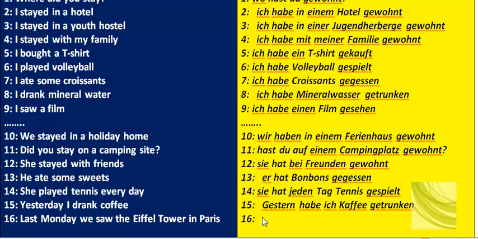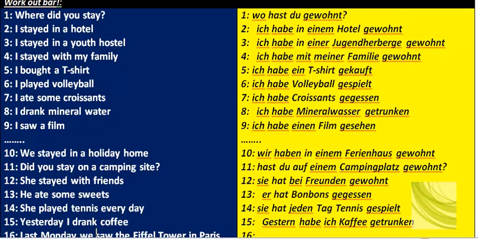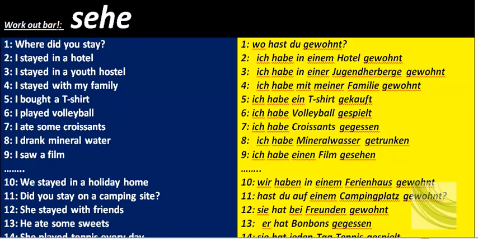Okay, ladies and gents, the last sentence here. Last Monday we saw the Eiffel Tower in Paris. I've just changed the person actually. You might have realised or seen that it was I originally on the video. Okay, so remember, to see is sehen. So we talk from the back, as it were. Past participle, gesehen. Okay, we have seen.